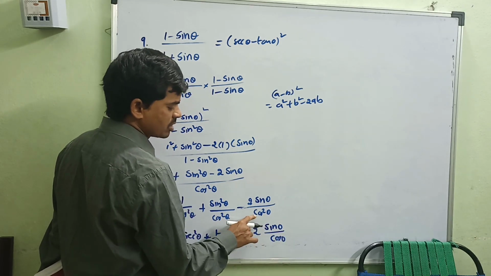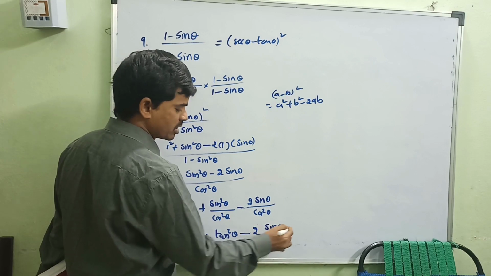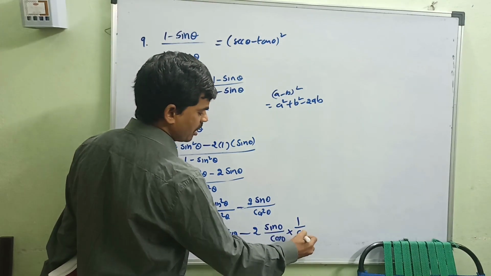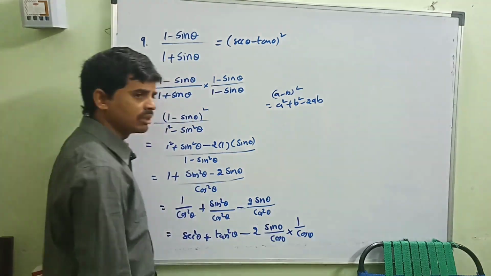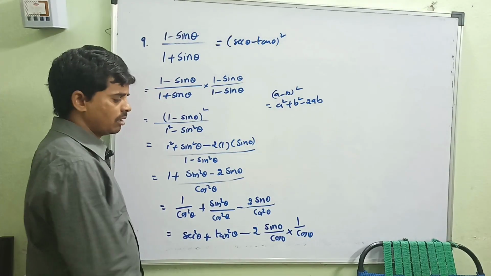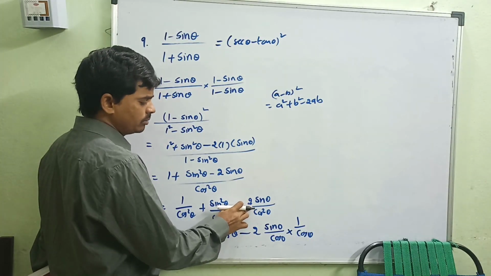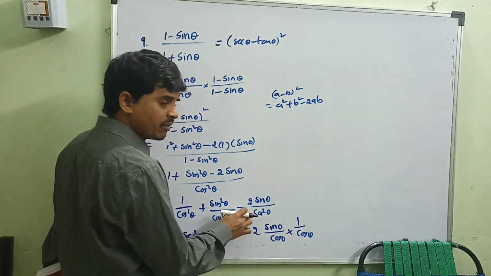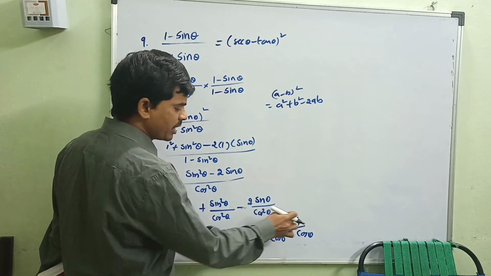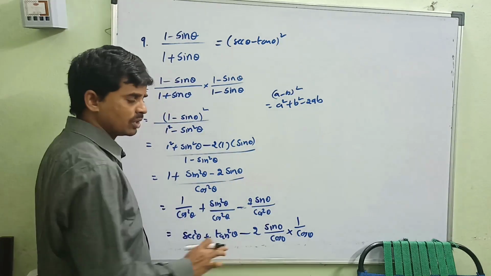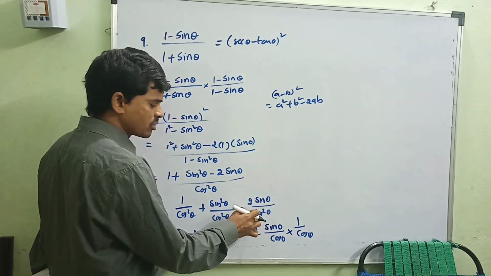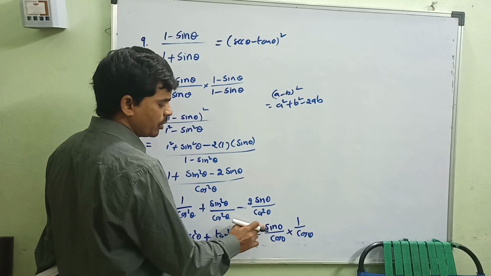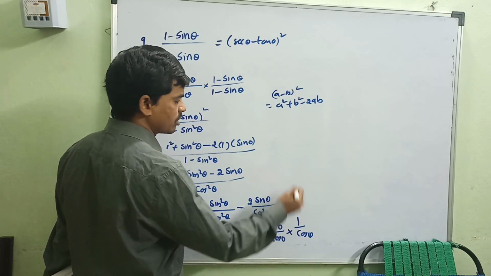Since cos square is there, I am writing one cos theta here, and the second cos I am writing here as 1 by cos theta. Cos into cos again gives cos square. So 2 sin theta by cos square I change like this: 2 into sin theta by cos theta into 1 by cos theta.